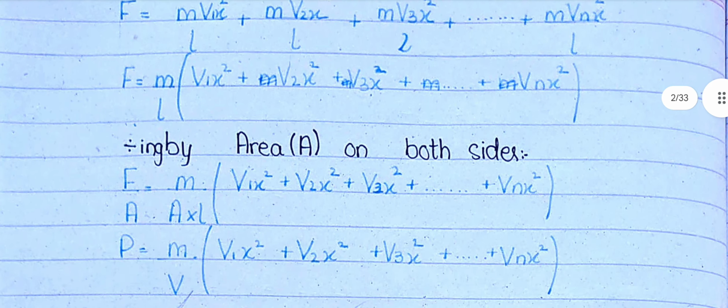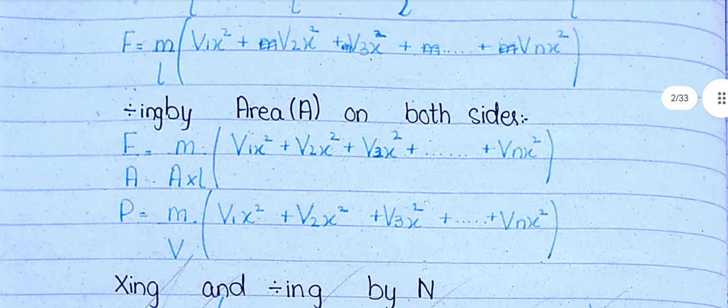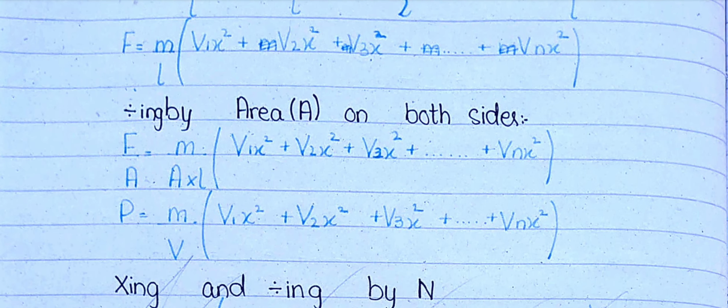Dividing by area on both sides, F upon A is equal to m upon A multiplied by L times v1x square plus v2x square plus v3x square plus up to vnx square. P is equal to m upon V times v1x square plus v2x square plus up to vnx square.